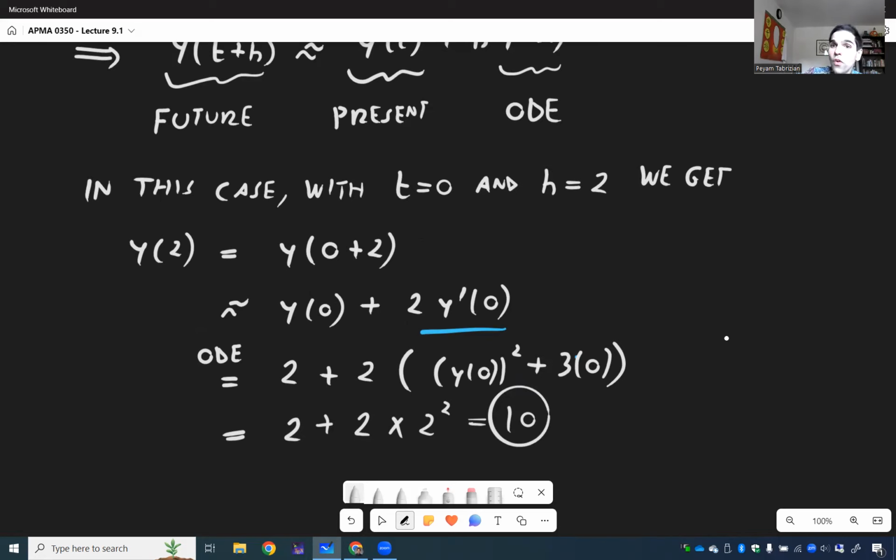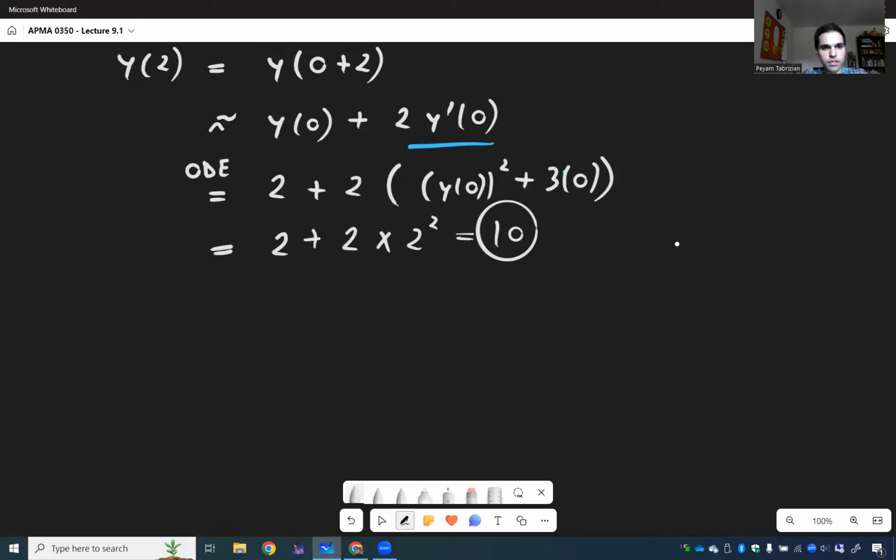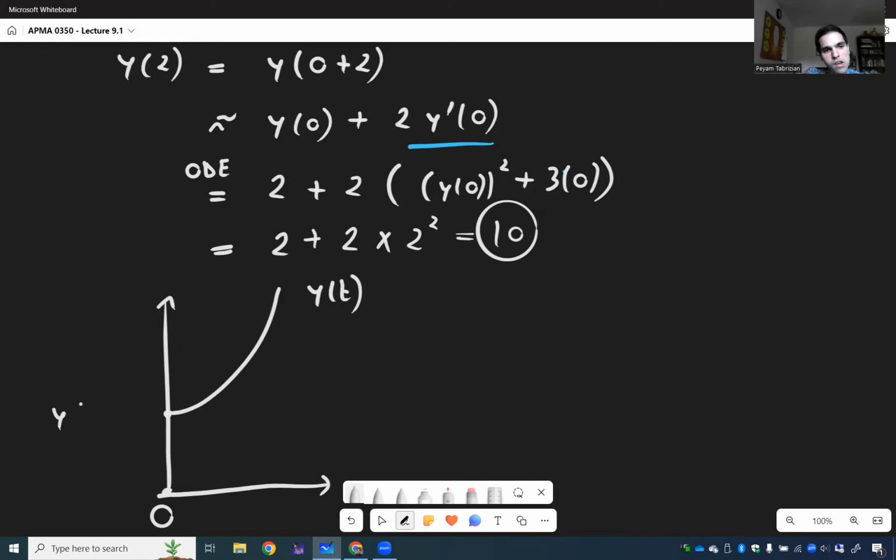So what is this showing us in terms of a picture? This is maybe our solution, y of t. And we have y of 0 is 2.